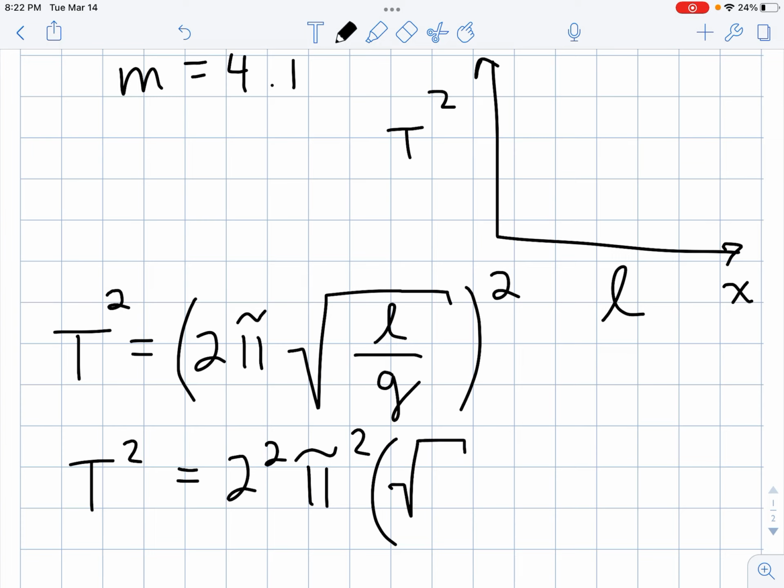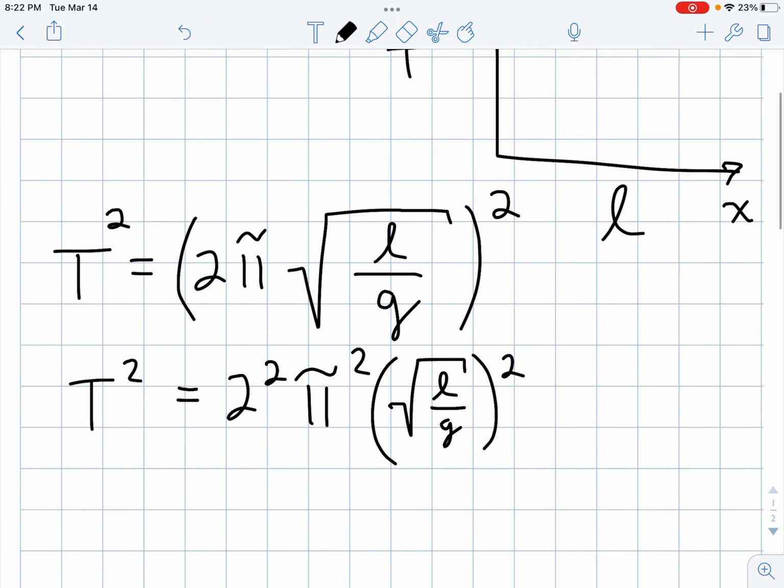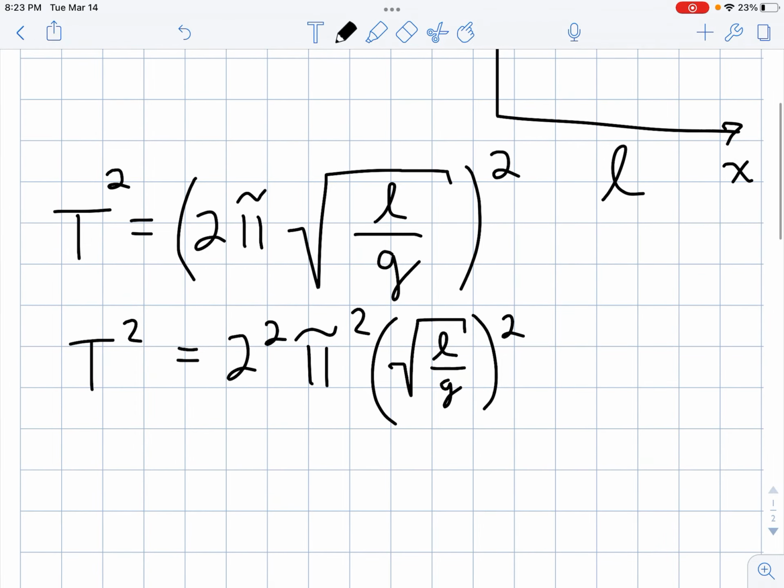So notice the 2 has been distributed, the exponent has been distributed to all factors. So let's clean it up. Here we go. T squared equals 4 pi squared, and the square root of anything squared is that thing. So you end up with L over G.